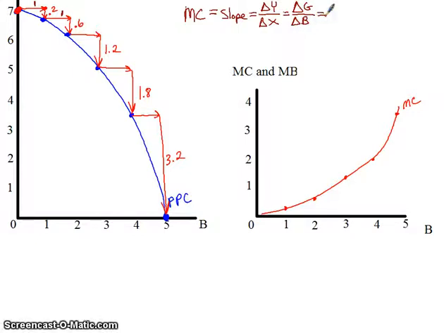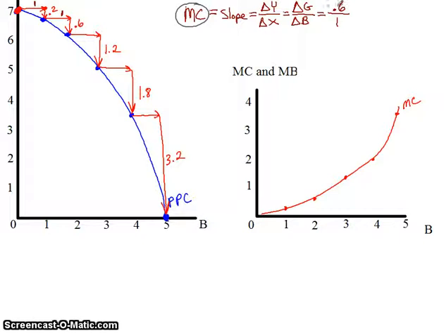So let's just say that we were right here at 6.8 guns and 1 butter, and we add 1 unit of butter. So my change in butter was 1. And then my change in guns, we gave up 0.6 guns. My change in guns would be 0.6. So there is the marginal cost.